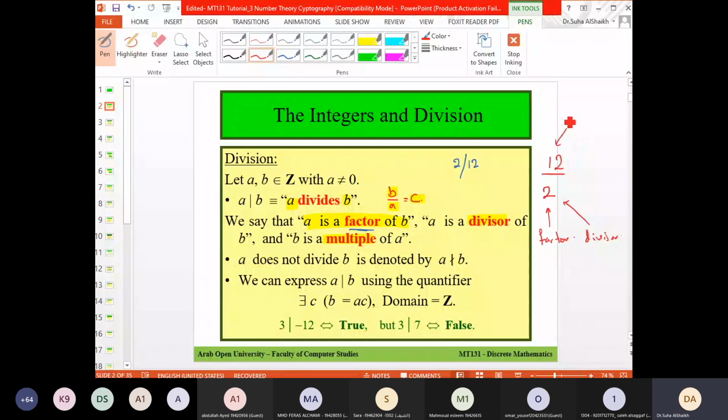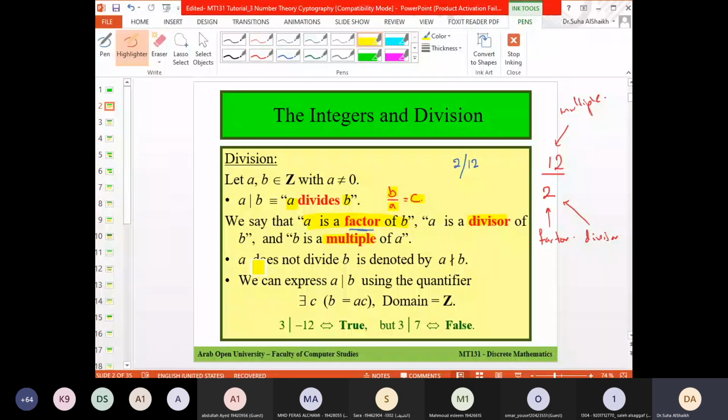And we say that 12 is a multiple of 2. All those terminologies you have to know. You will hear me say factor, divisor, multiple, so you have to know what they mean.